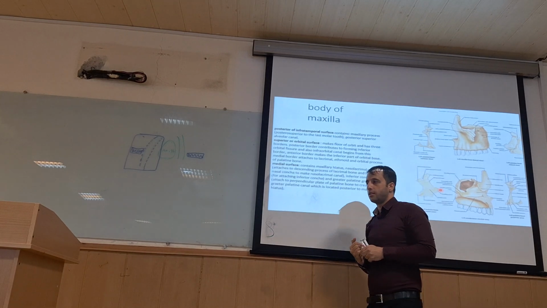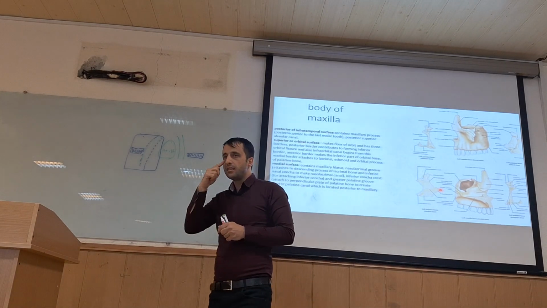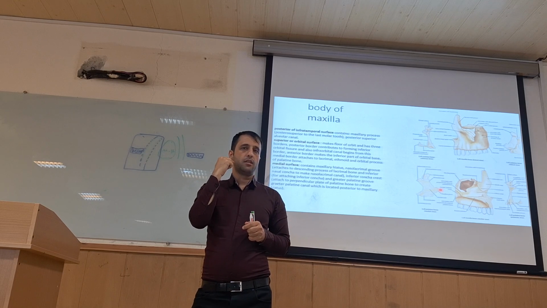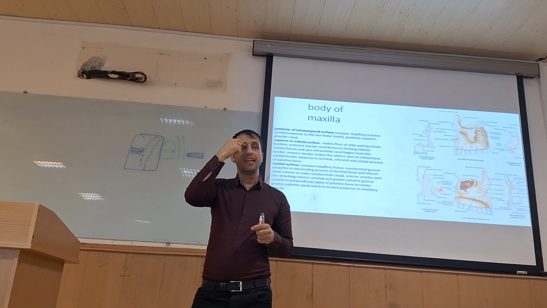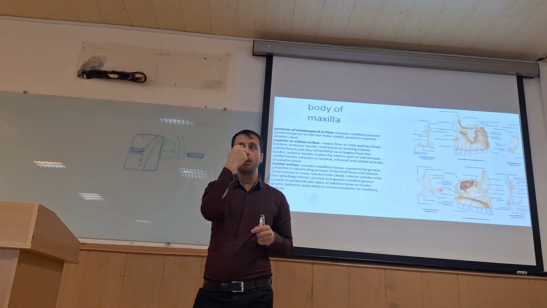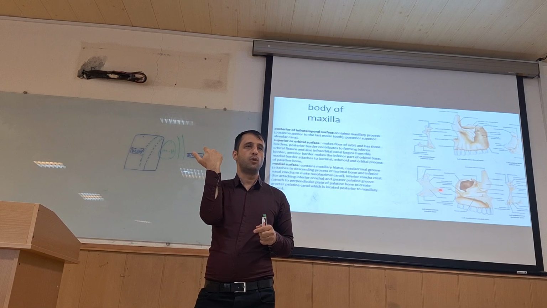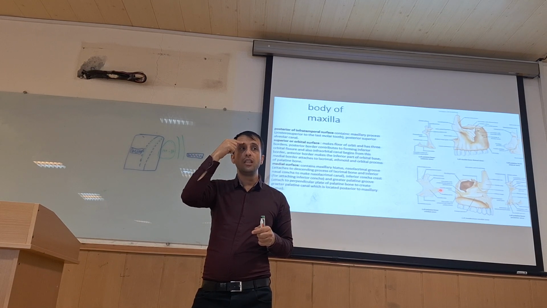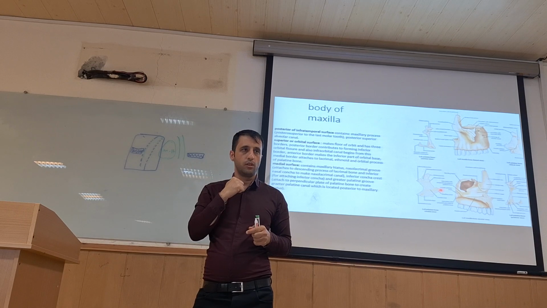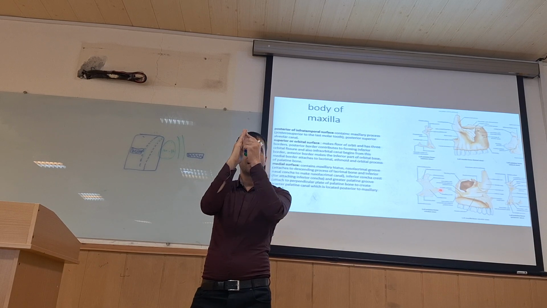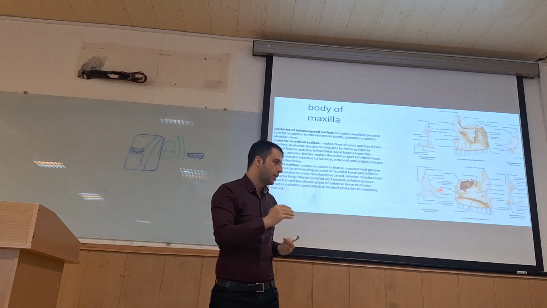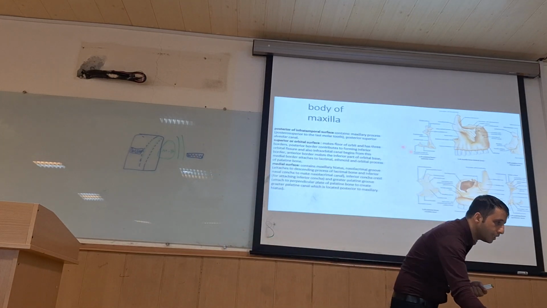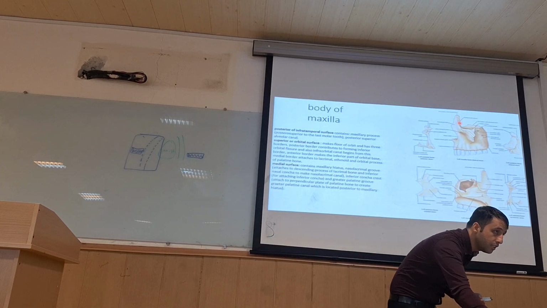The processes. The first, frontal process. Frontal process travels superiorly and is located between nasal and lacrimal bone and attached to nasal notch of frontal bone. So it has medial and lateral surface. Look at here. It is lateral surface.